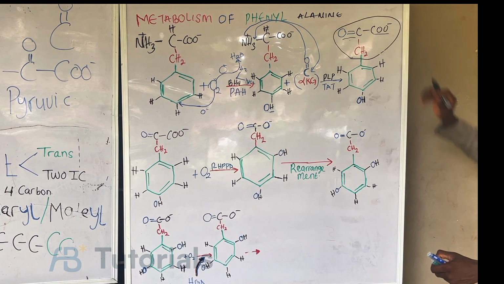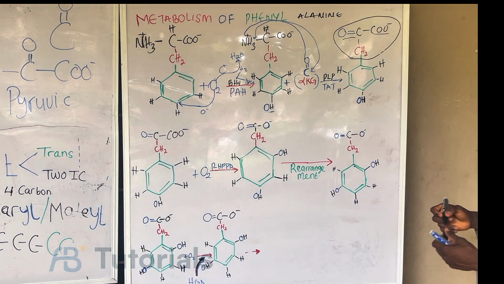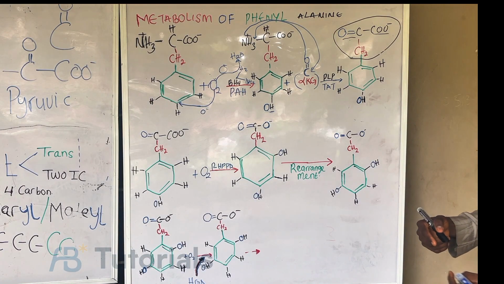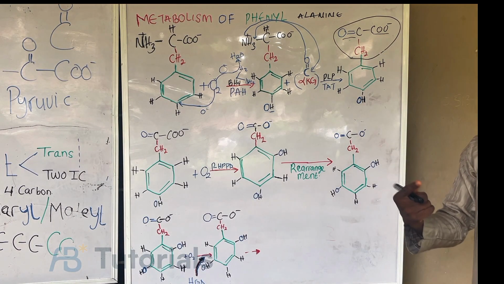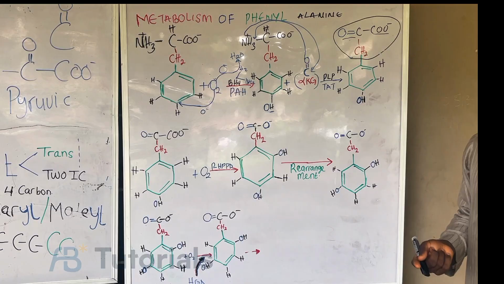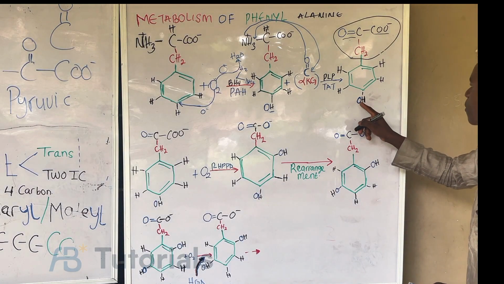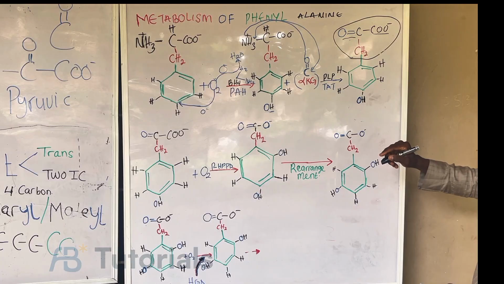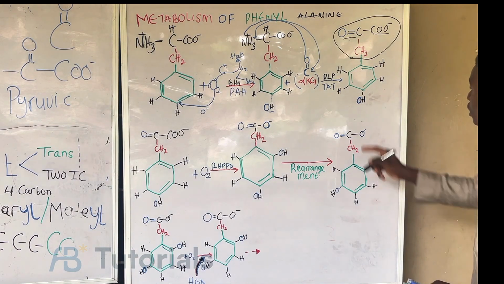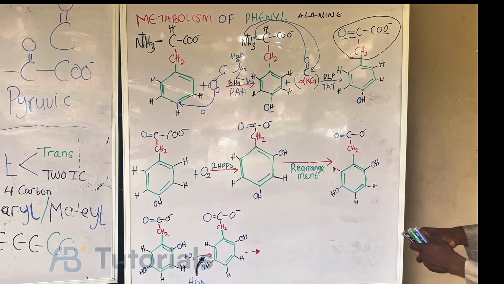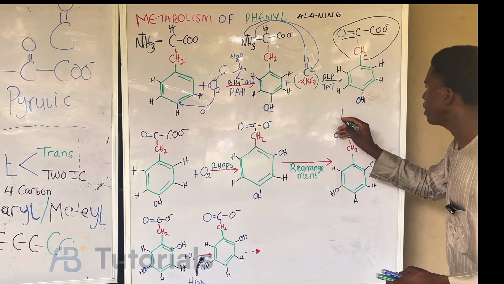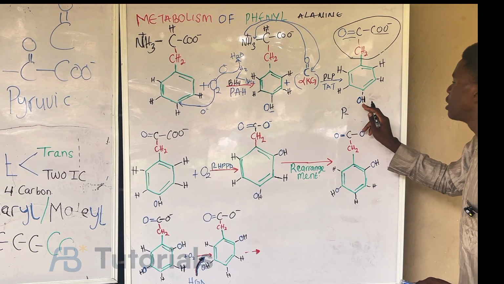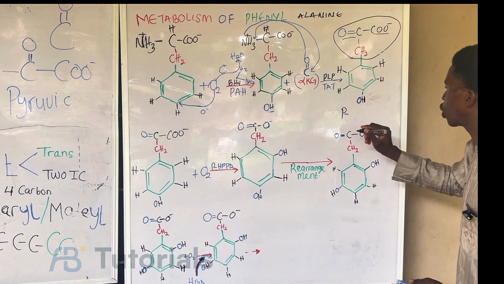Okay. So how do we name this guy? We have an OH here, and don't forget that in the structure of a benzene, we have the P, the O, and the M. So this guy is in the P position, this is the M, and this is the O position. So how do I name this guy? I will call this P hydroxyl, because the hydroxyl is on the P position of the ring.